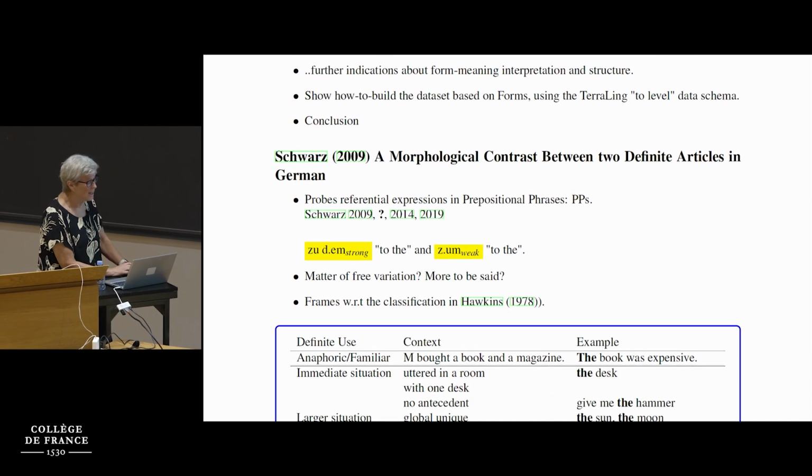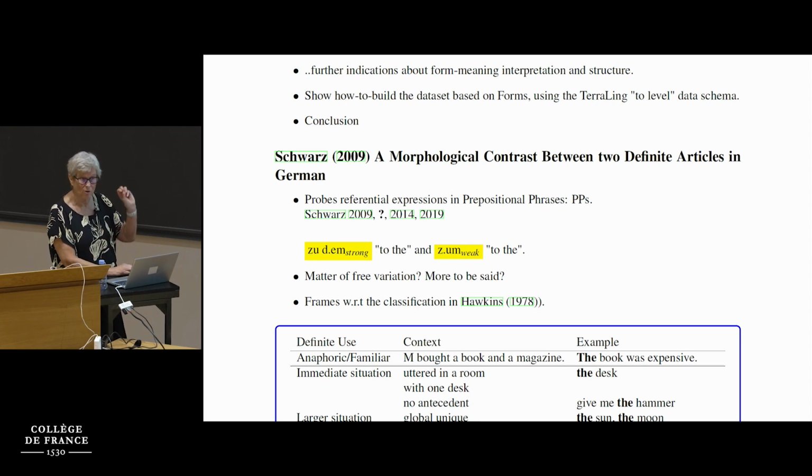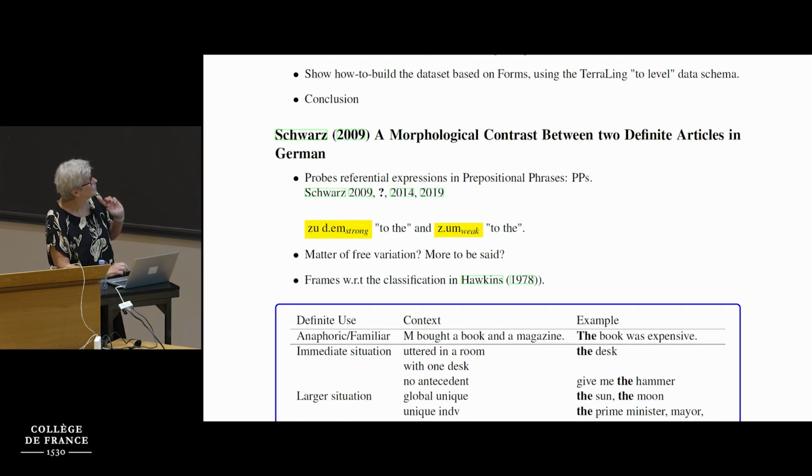So what he does is he probes the referential expressions in prepositional phrases, which we'll call PPs. What generally is the case for German is that you have two forms of the definite article. You have a strong form and you have a weak form.